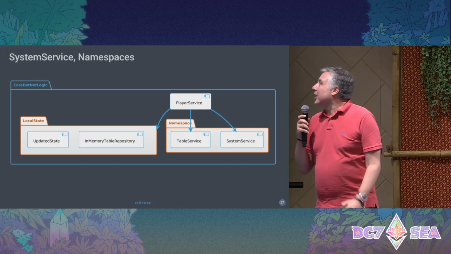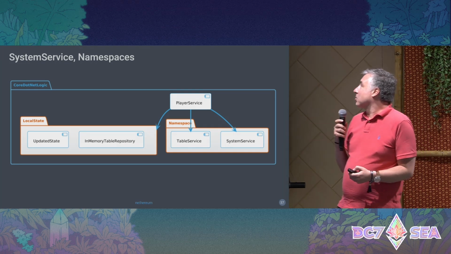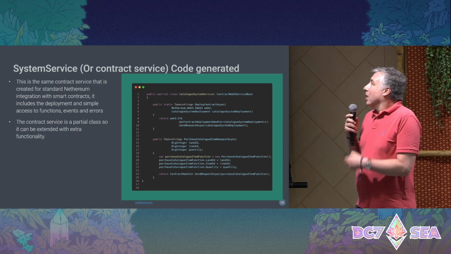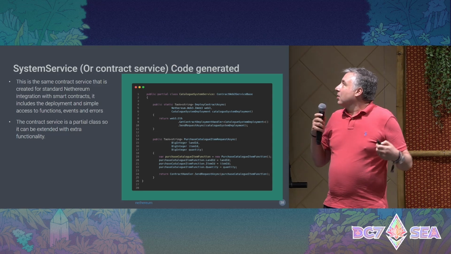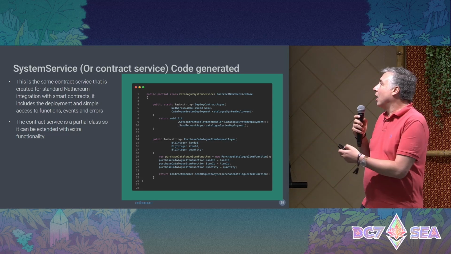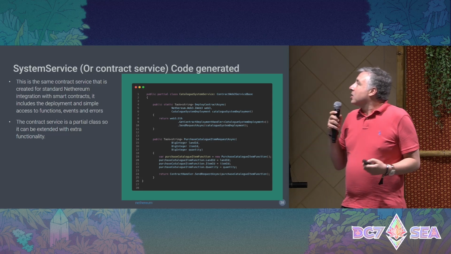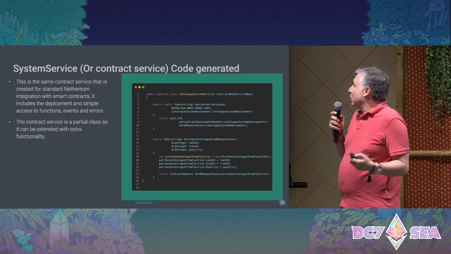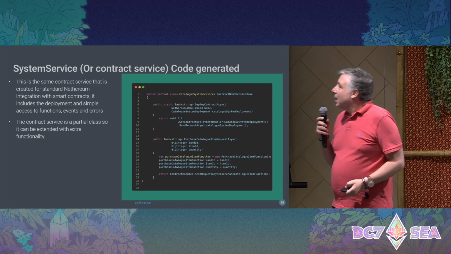So what happens next? Let's look at the system scope. Obviously, we want to integrate with the logic. First of all, we have our system service. Our system service is the normal Nethereum code-generated service. In here, we can access the method purchase catalog item.